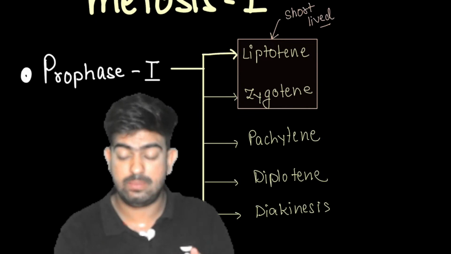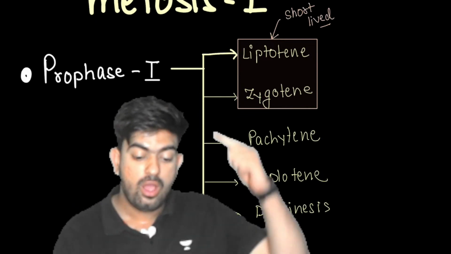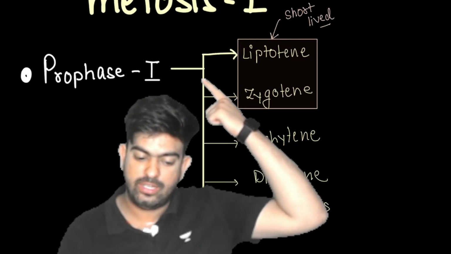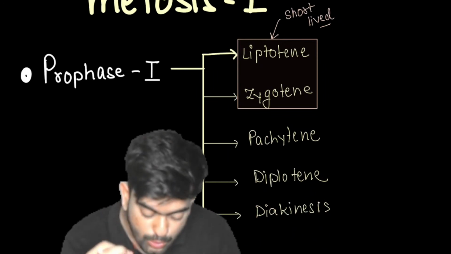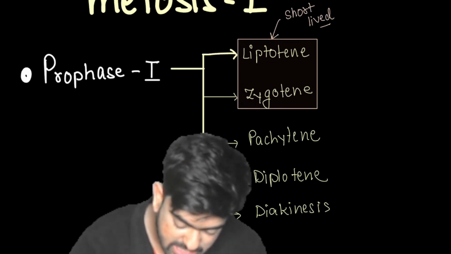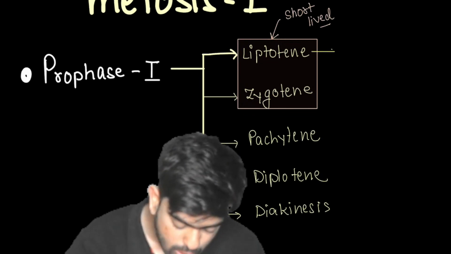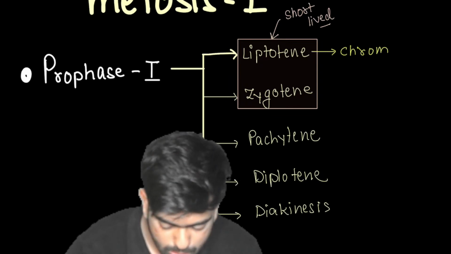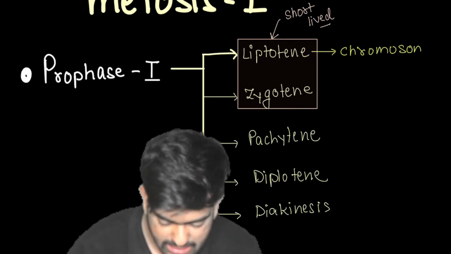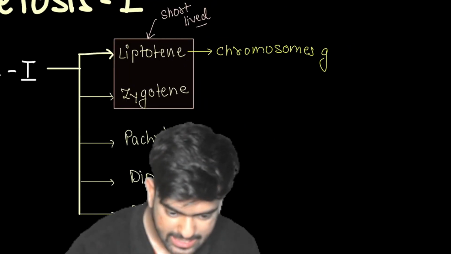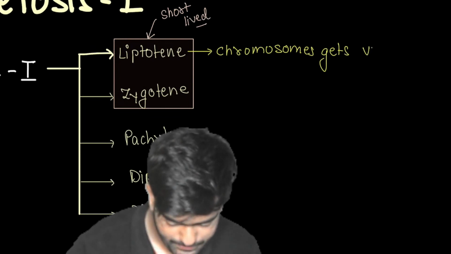In a similar manner, the very first step of prophase 1 of meiosis 1 will be what? In leptotene, the chromosomes will become visible. They are going to get condensed. So I should write here, in leptotene, chromosomes get visible. Okay, we're going to write chromosomes get visible.